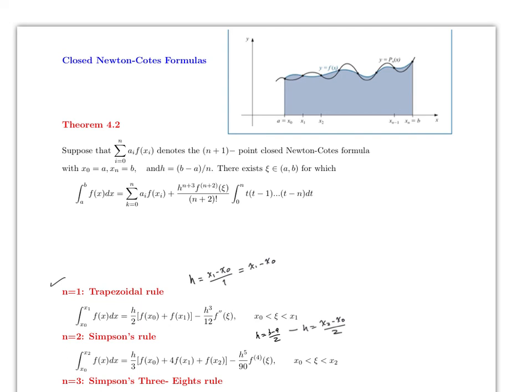This obviously will be 0, this will be 1/3, 2/3, and this will be 3/3. So the integral is approximately 3h over 8 times f of 0 plus 3f of 1/3 plus 3f of 2/3, and then finally plus f of 1, or 3/3.